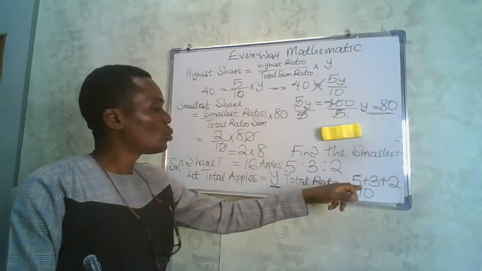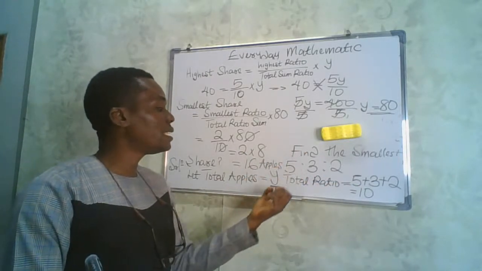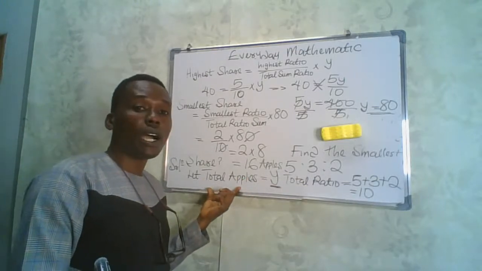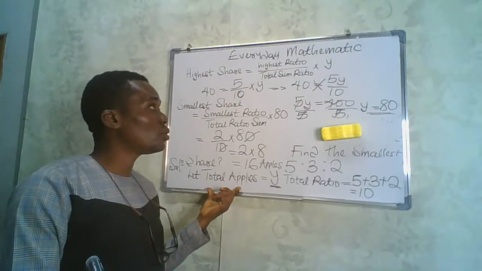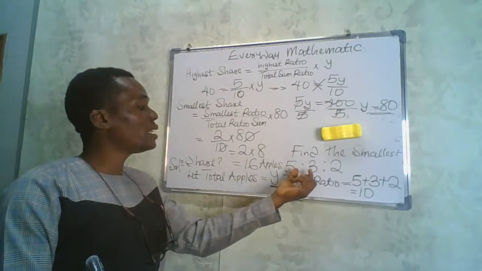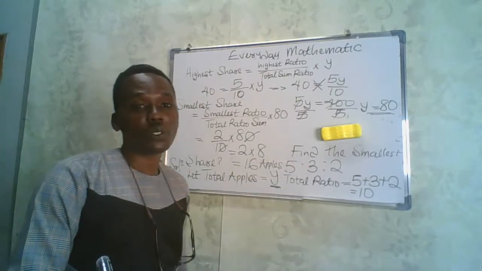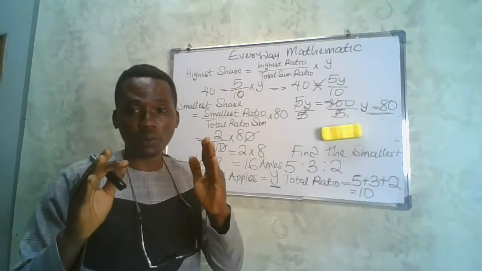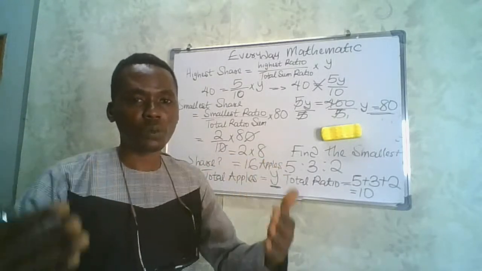Once you have the total ratio, with the total ratio and the total value of the apples, or the total value given to you, you can be able to find each of the values for each of these ratios.